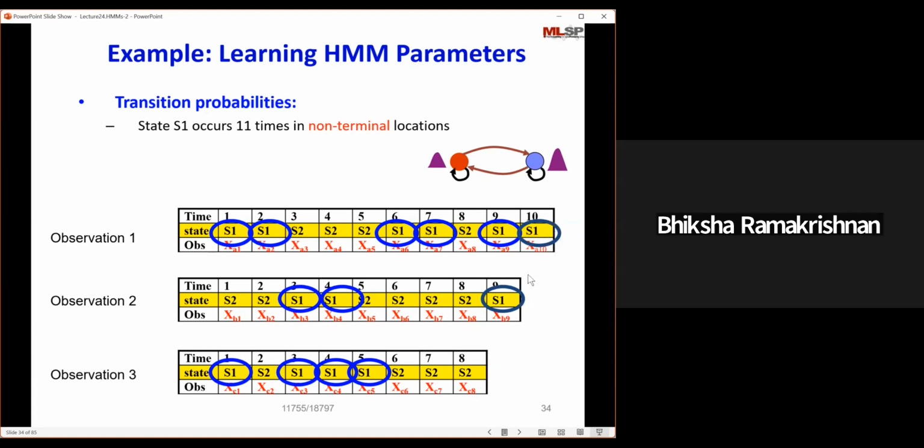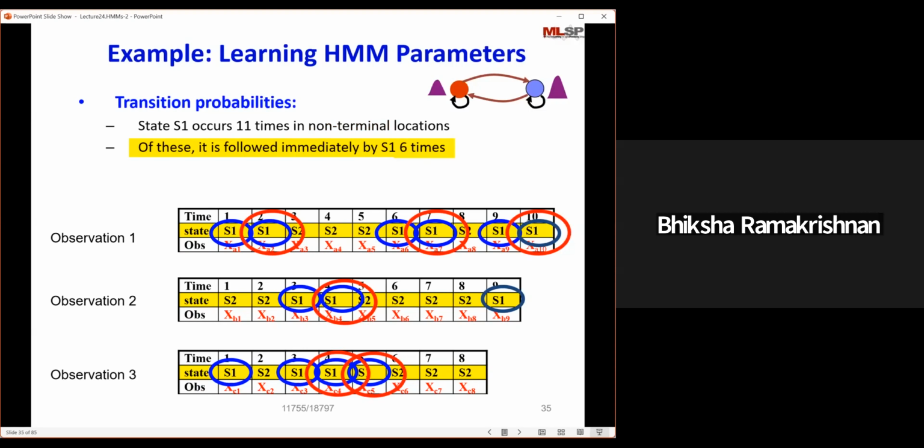These two S1s occurred at the final observation of a sequence, so there's no way of knowing where the process transited subsequently, so we won't use those for now. So there are 11 time instances where the system was in state S1 and there was a following state. Of these 11 non-terminal locations, 6 of them were followed by S1, right?